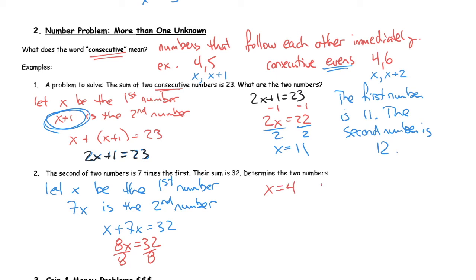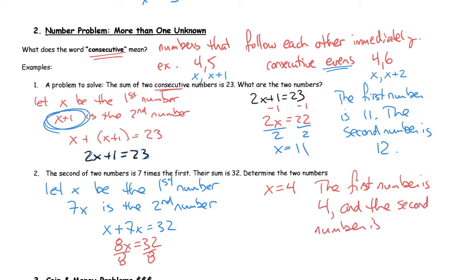So here we know that the first number is 4, because the first number was x, and the second number is going to be 7 times that, so 7 times 4 is going to be 28. So the second number is 28.